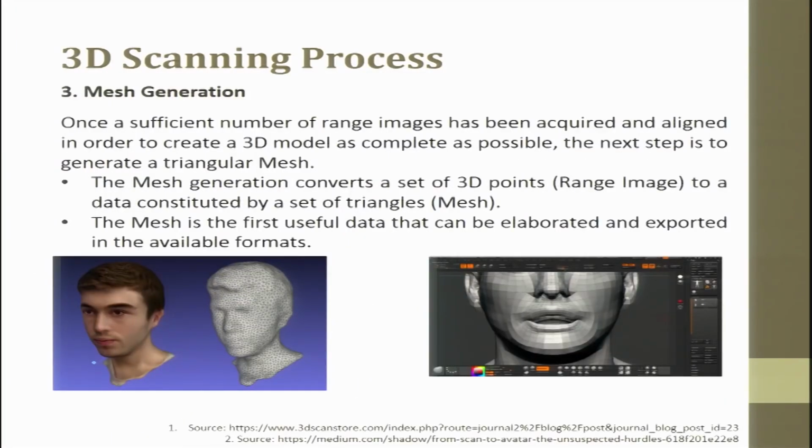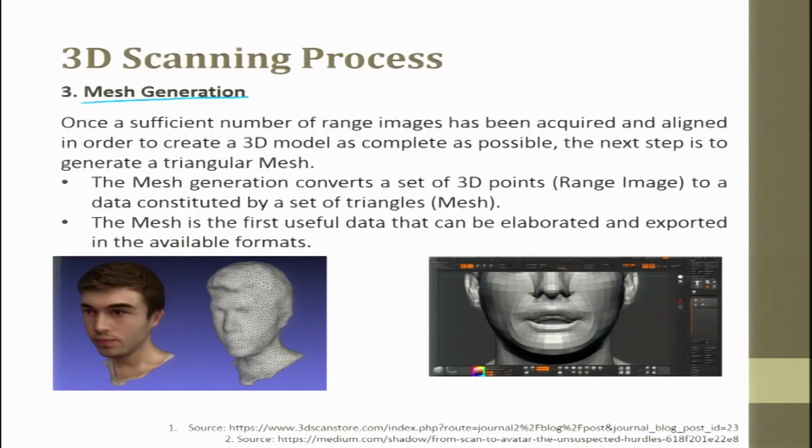Then from the data, first you have acquired the data, then you have aligned the data. Now you have to convert the point data into surface data. When you have to do it as surface data, we always try to do mesh generation.